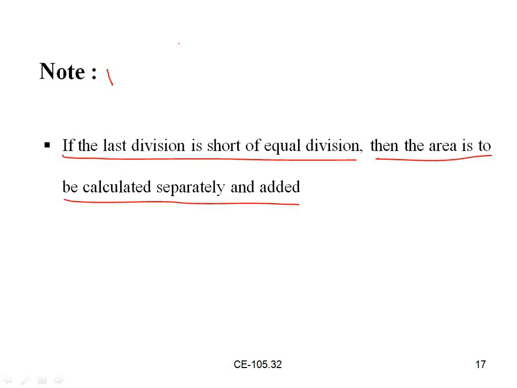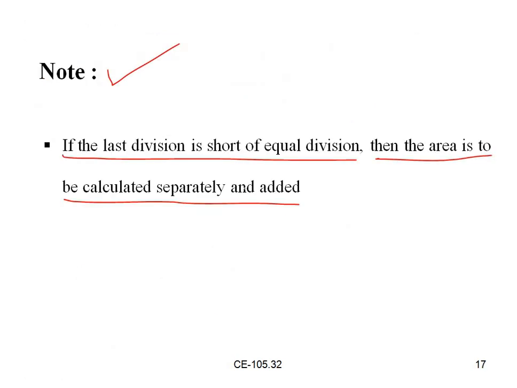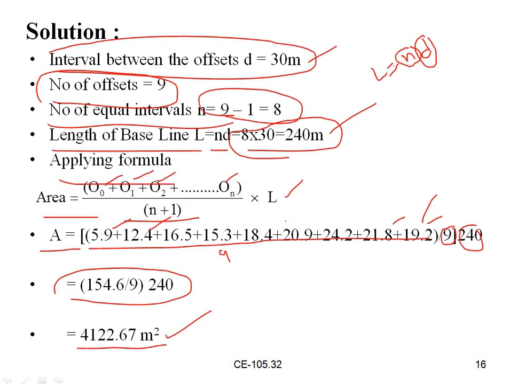So this point we have to remember. Last division means, here this is the last division, 19.2. So if it is short of equal division, then the area is to be calculated separately and added. So this is the problem of the average ordinate rule method. You solve some more examples regarding this.